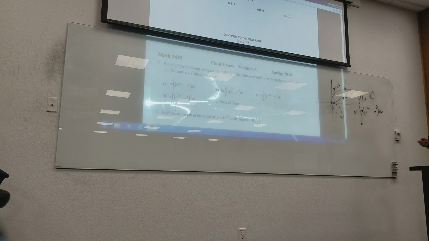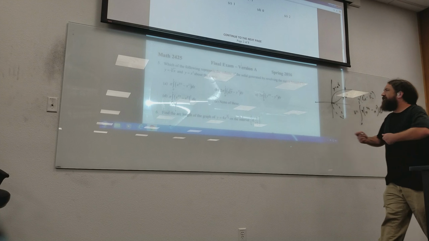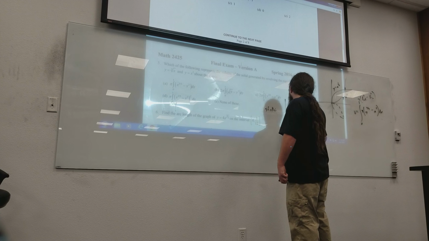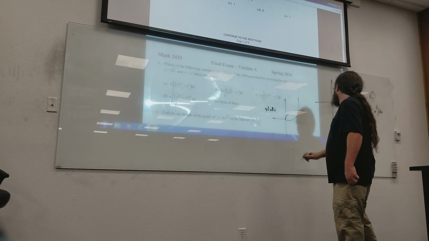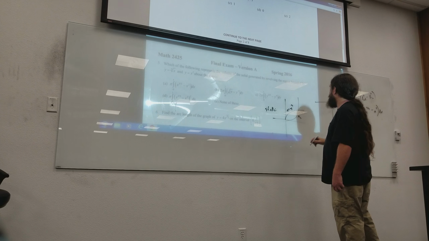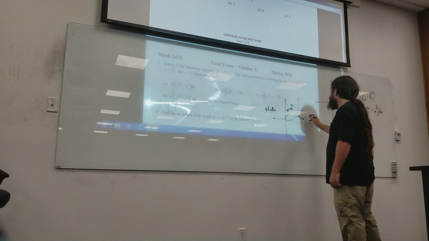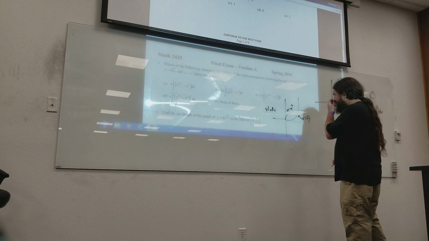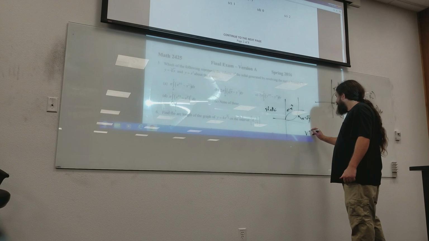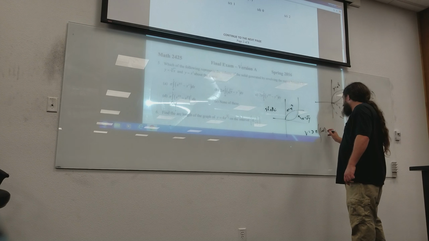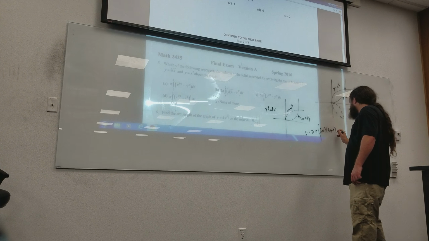Okay. Do you want to see if maybe they did it by shells? Because there's also some that are dy. So if I did shells, well, y is cube root of x means that x is y cubed. And here, y is x squared means that x is the square root of y. And so that would mean that my volume would be 2 pi times, I need a radius and a height, right?